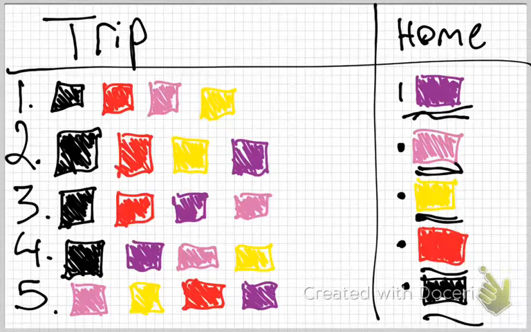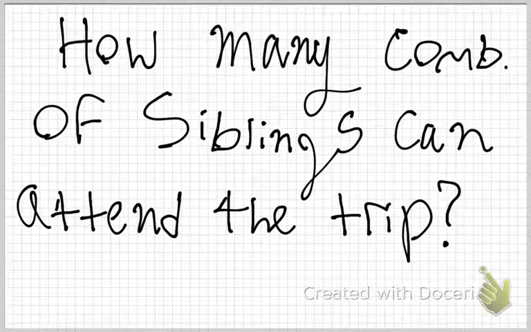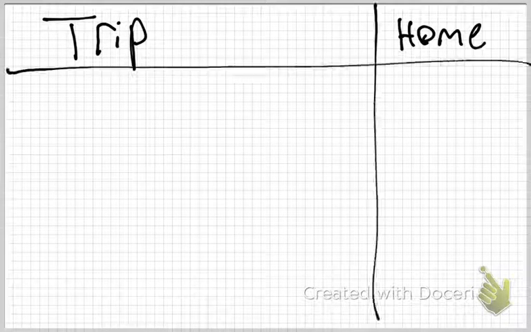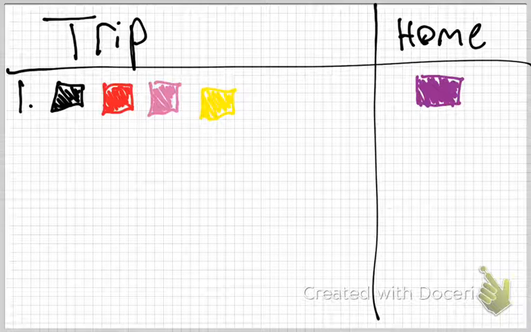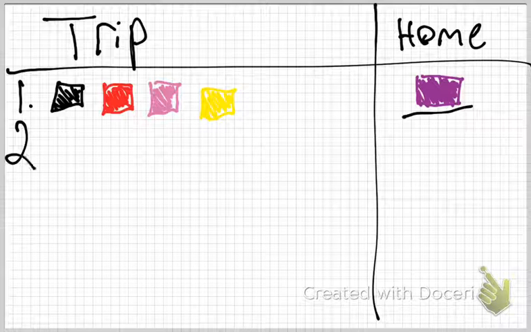Just remember that each color is a different person. That's as much as you need to remember. So we got the trip column, and then we got the home column. So this is one combination. 4 of us, black, red, pink, and yellow, go on the trip while purple stays home.